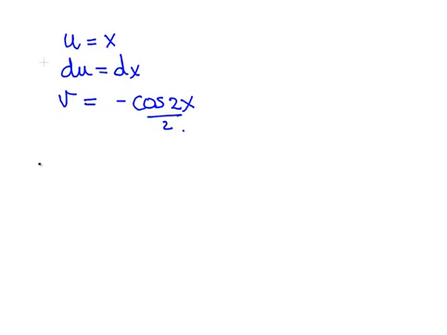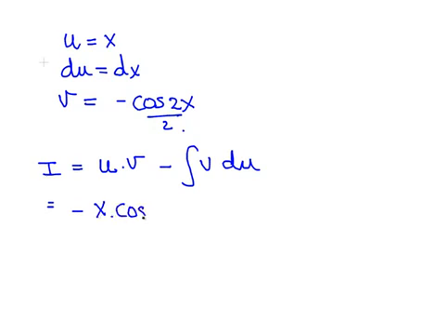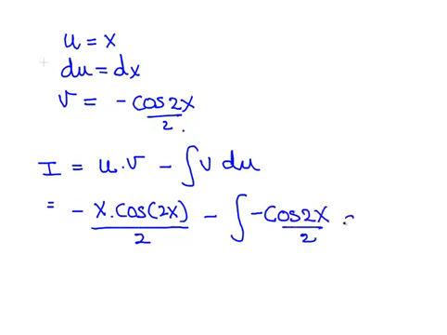So the answer is in this form: the integral is u times v minus the integral of v du. Let's write that down. That is equal to minus x cos 2x over 2, that's u times v, minus the integral of minus cos 2x over 2 dx.